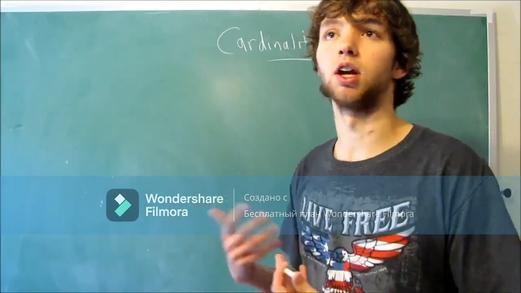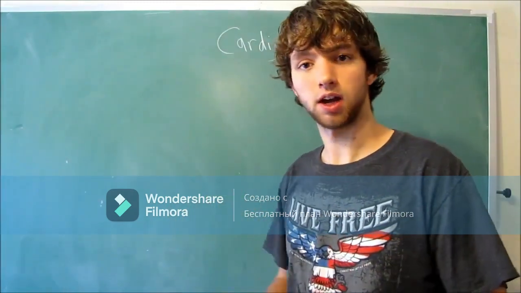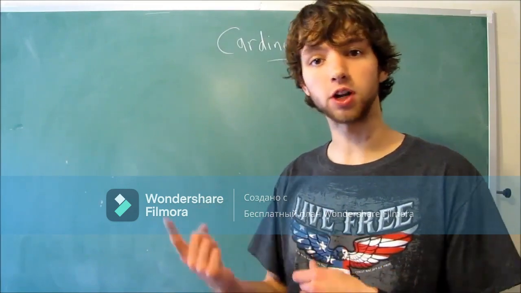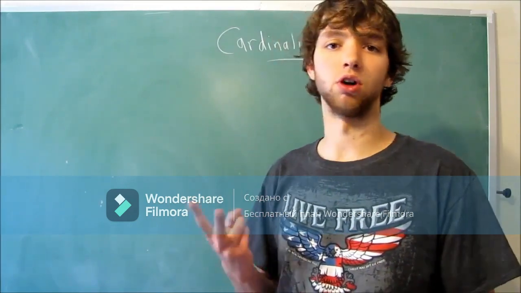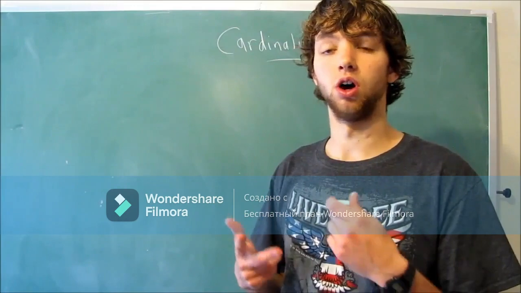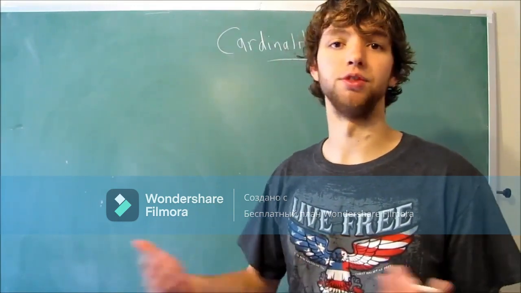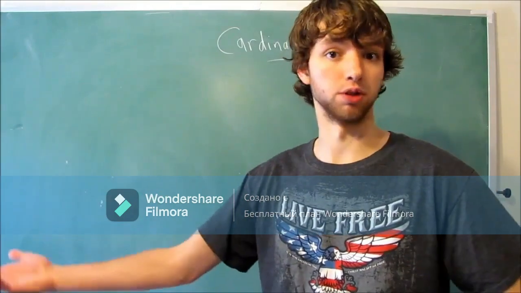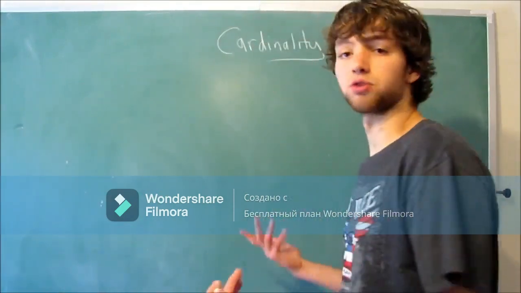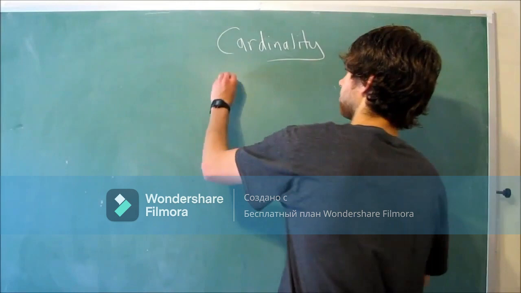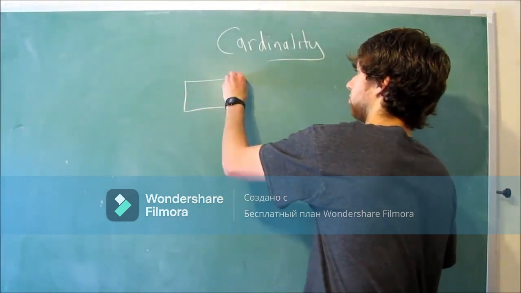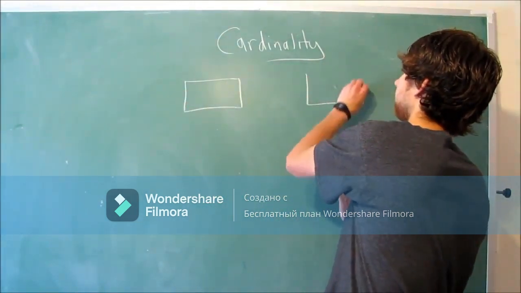A credit card company has a table for credit cards and then a table for card holders, the people who order the credit cards and use them to buy things, basically the credit card company's customers. So I will draw those tables out just so you can see how the connection works. I'm not going to draw them real big.